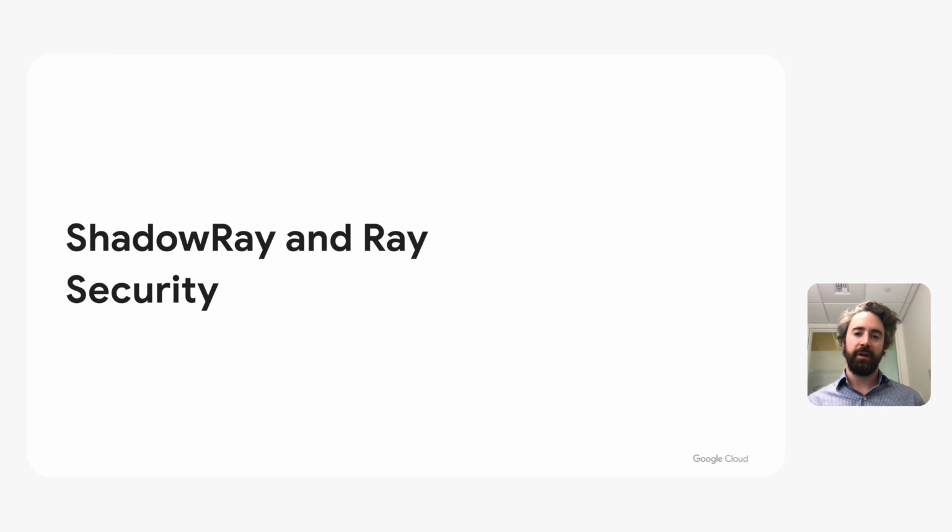This is actually a core product feature of Ray, and something that they call out in their blog post is that security for a Ray cluster must be implemented outside of the Ray cluster itself. With GKE, you have access to a number of powerful security tools that allow you to lock down access to your Ray clusters and secure your AI ML workloads.